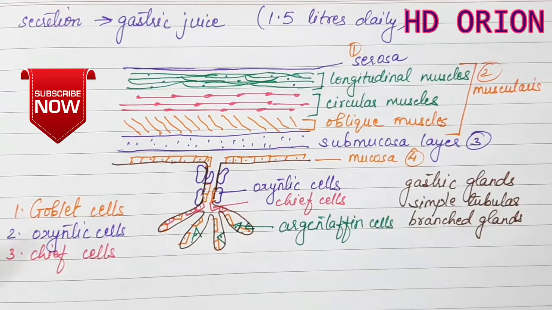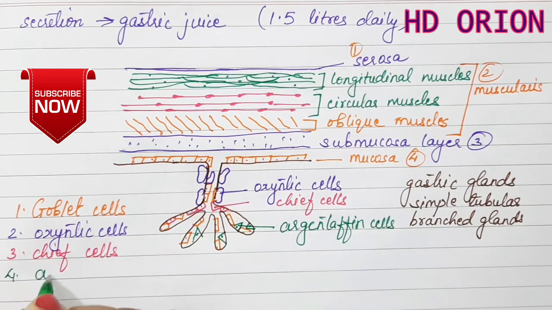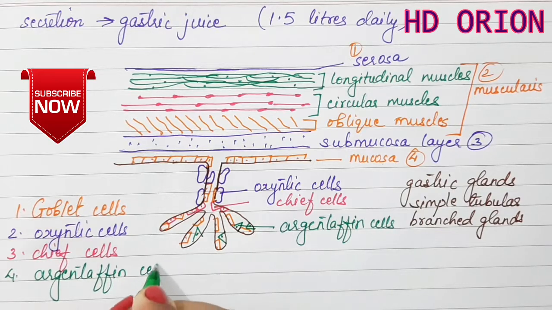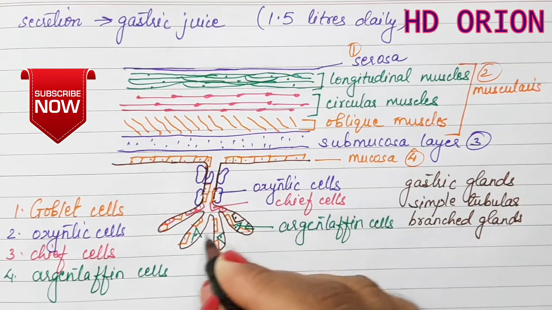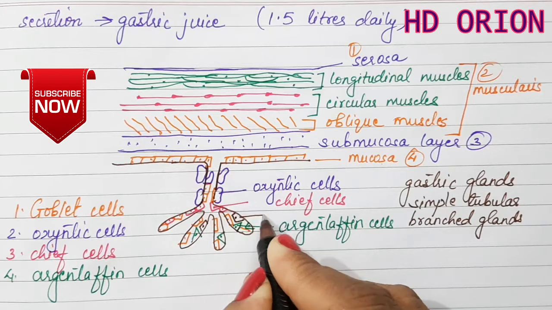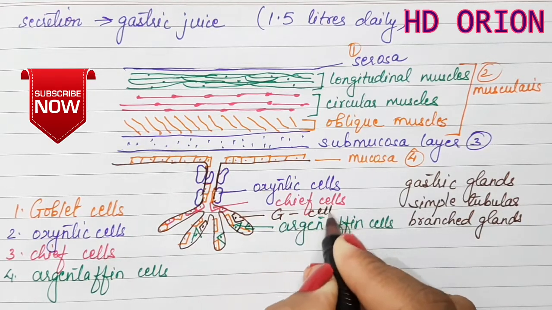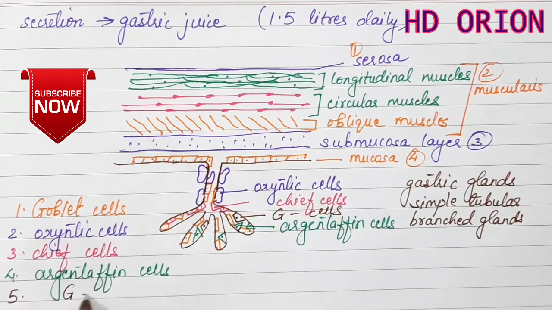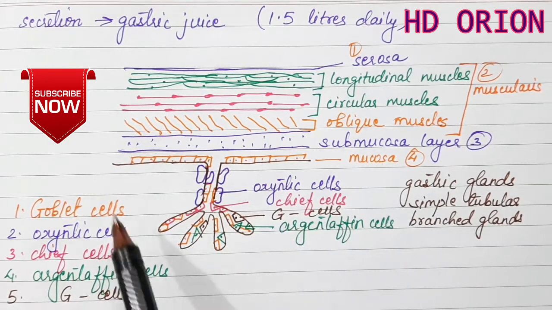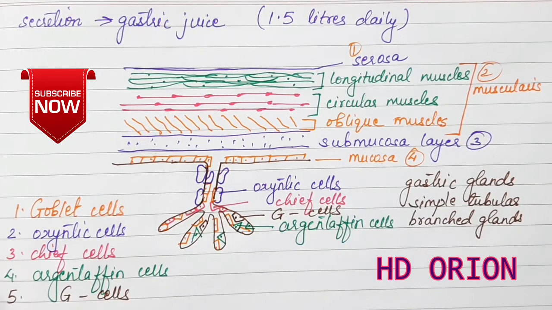The fourth one, argentaffin cells. And one more type of cells are present, which are the G cells. The G cells. This actually is now a structure of a gastric gland which consists of so many cells, and all of these cells secrete the secretions which form the gastric juice.